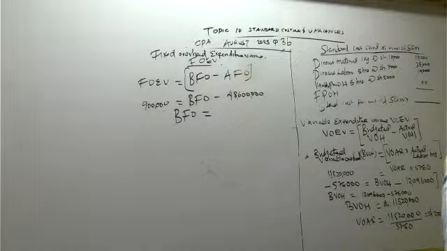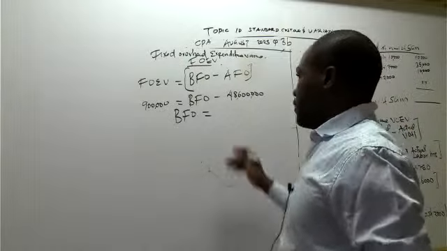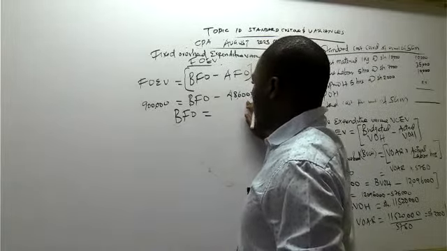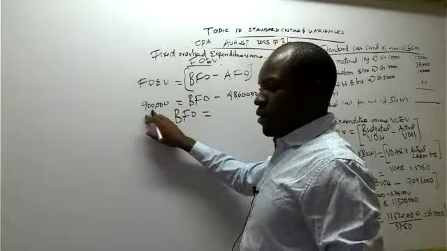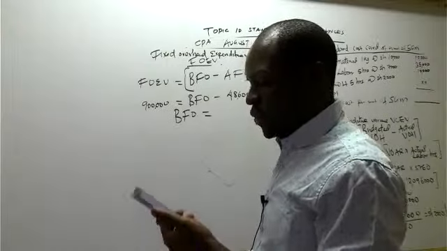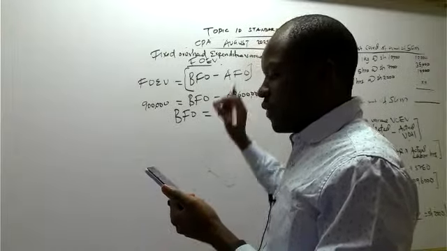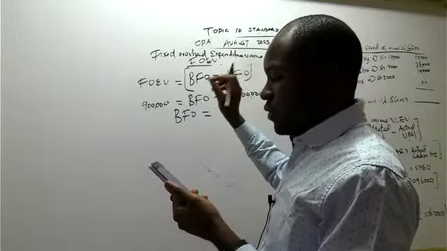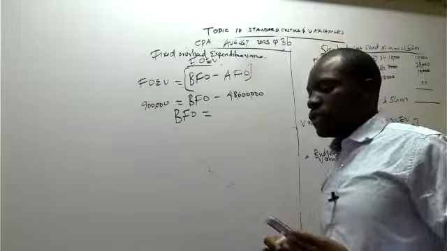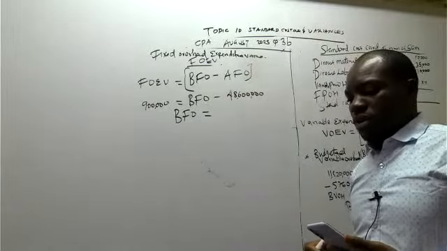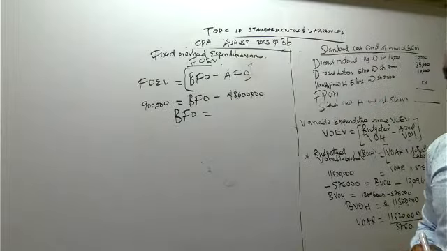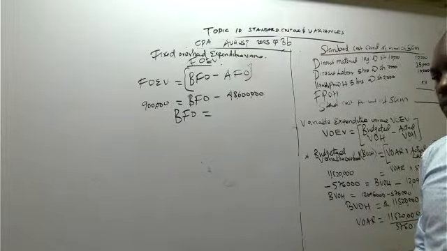The difference between 48,600 and 900,000, tunapata ngapi? Angalia vizuri. The figures are given in thousands, and 48,600 is also given in thousands. So angalia vizuri please. What do you have there?